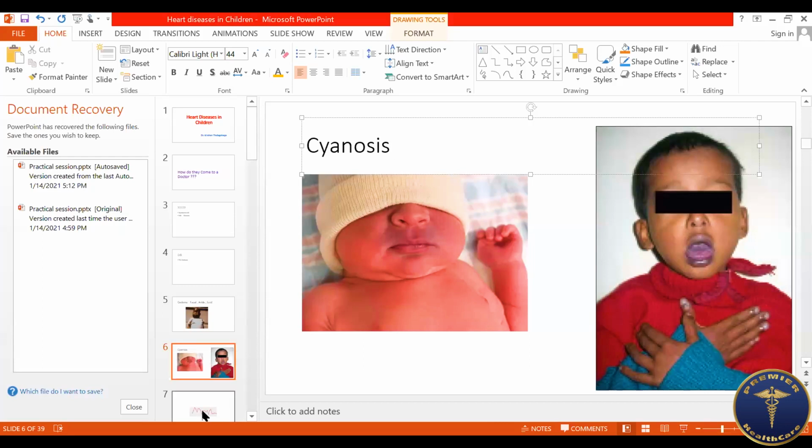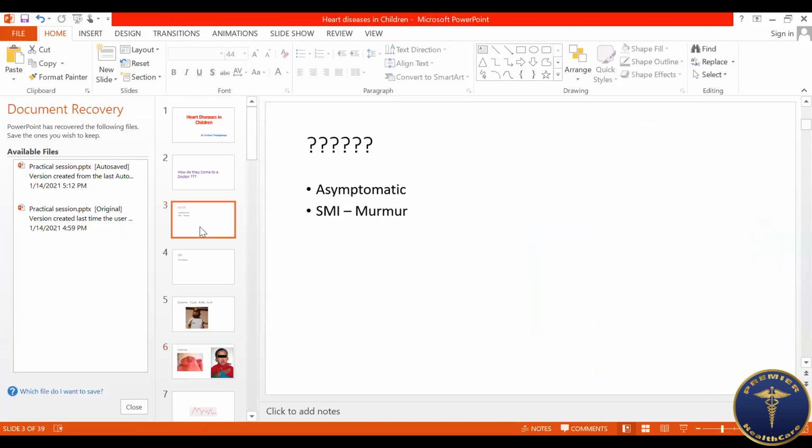Now, what are the other ways that a child with heart disease would present? Still, remember, we did not even touch the child. What did we see? We saw an asymptomatic child. Oh, the school medical inspector has seen a murmur. We have not auscultated yet.